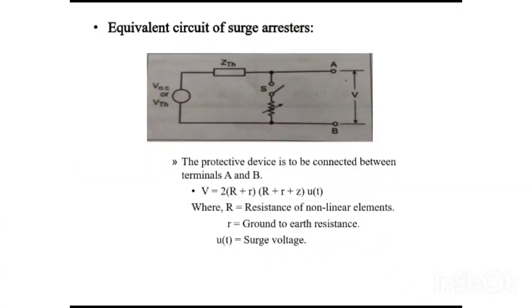Through this equation, we can find the voltage across the surge arrester.